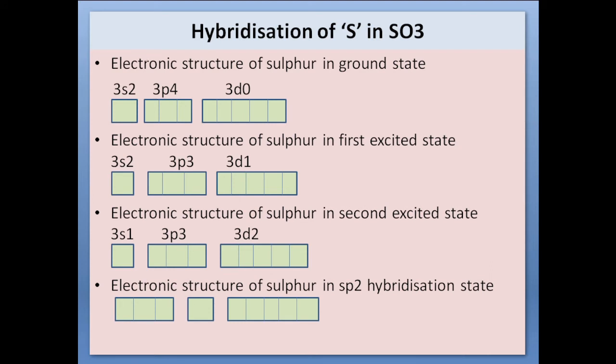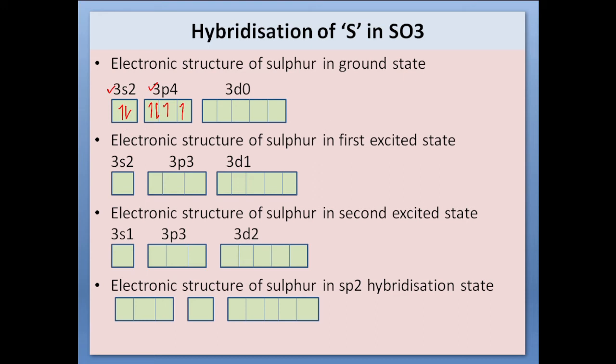Here I will explain the hybridization of sulfur trioxide and its molecular geometry. The outermost electronic configuration of sulfur is 3s2 3p4. In the first excited state of sulfur, a 3p orbital electron jumps to the 3d orbital.